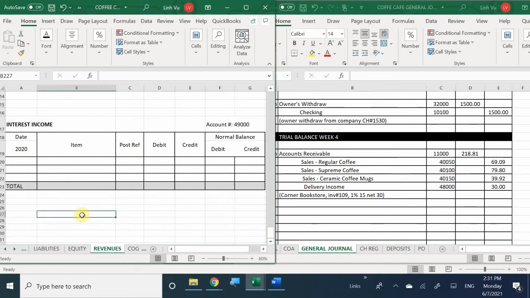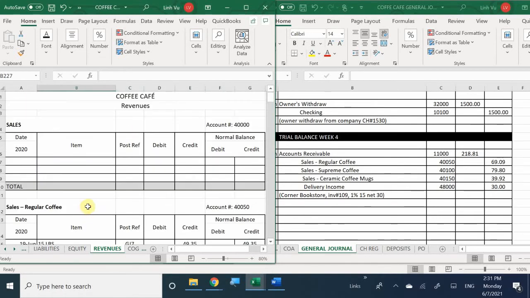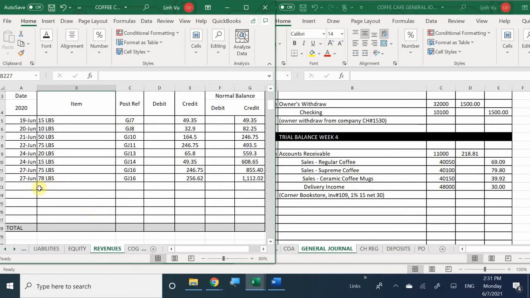Okay, scroll all the way up. All right, so here I am. 29th, Julio, invoice number 109, 21 pounds. General Journal 19, a credit of 69.09.